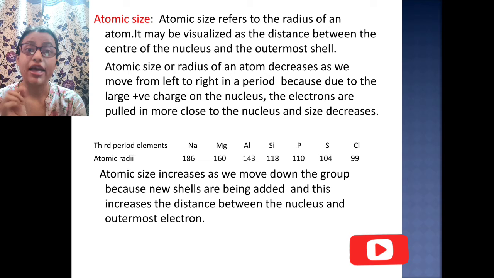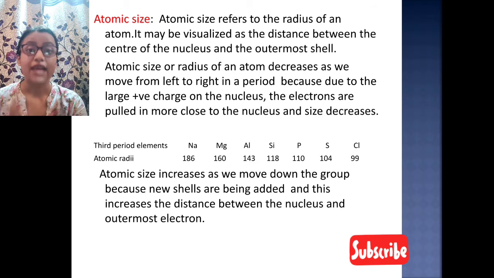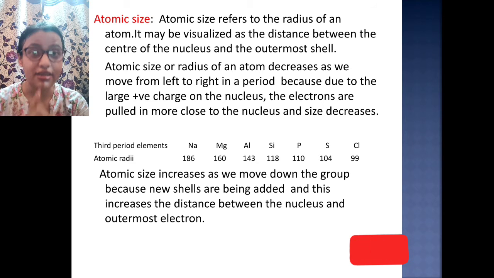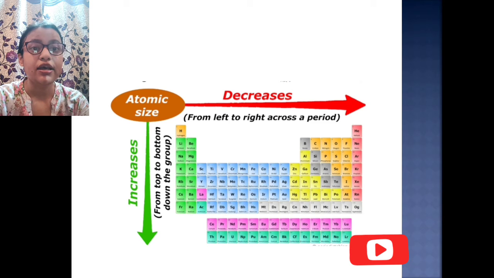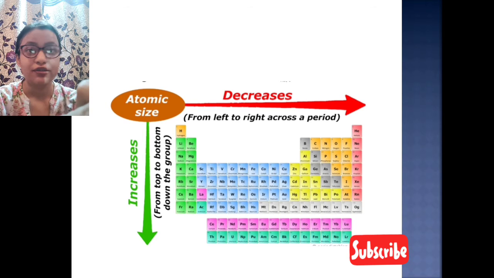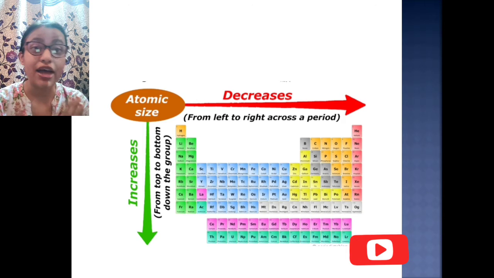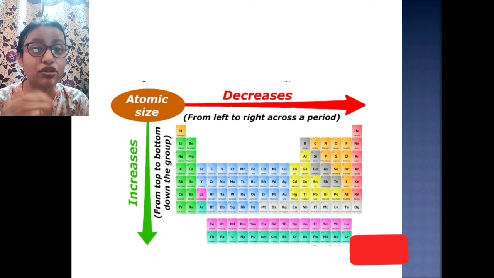Atomic size decreases as we move from left to right across the period and it increases from top to bottom down the group. Remember that the atomic size decreases from left to right across the period and increases from top to bottom down the group.